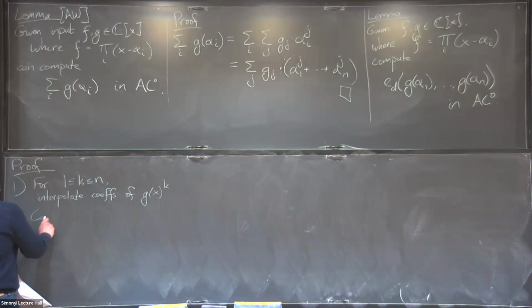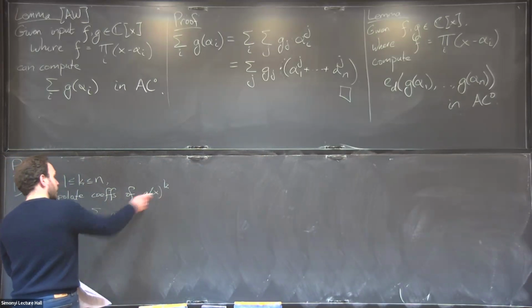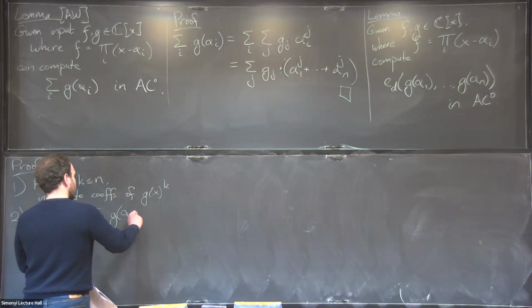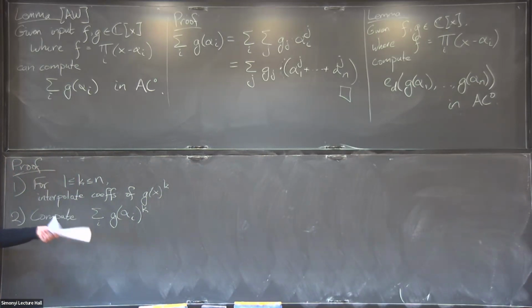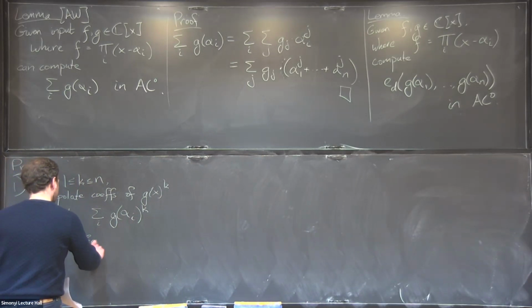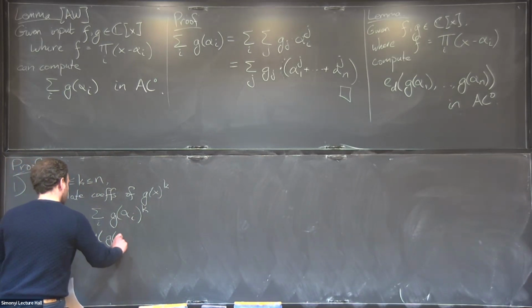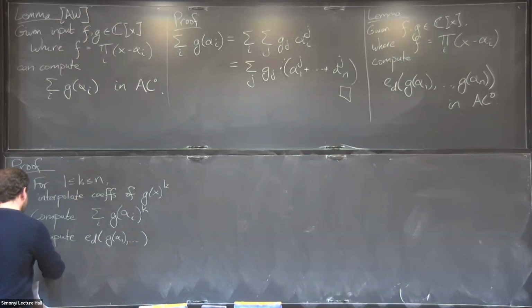So now what we're going to do is, now that we have the coefficients of g to the k, we can compute the kth power sum of g evaluated at the alphas. And now we can get the elementary symmetric function using Newton's identities again.